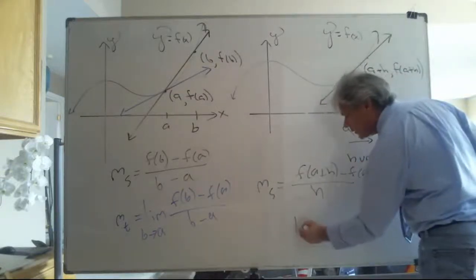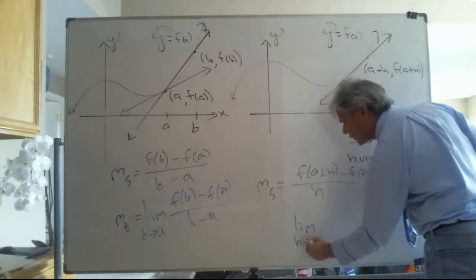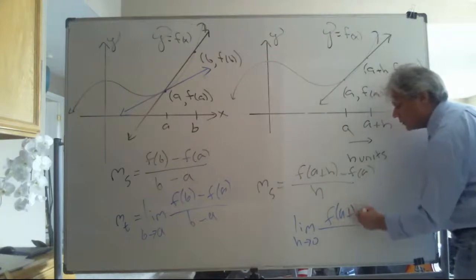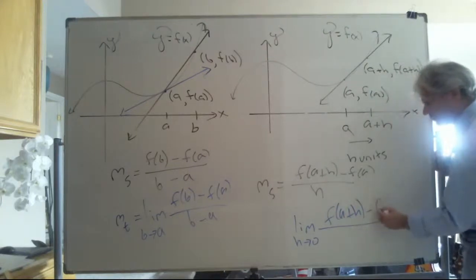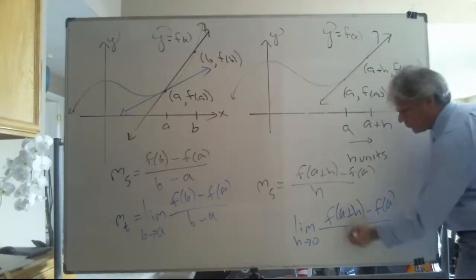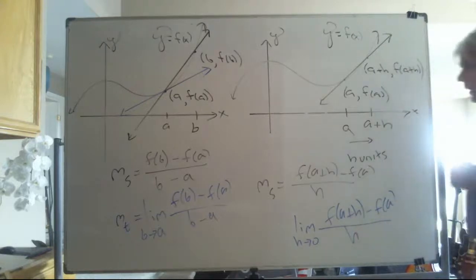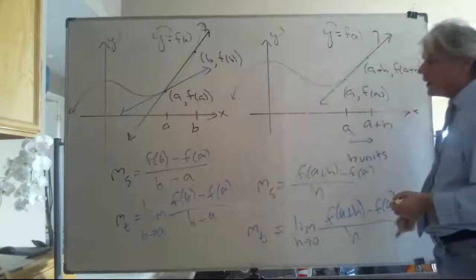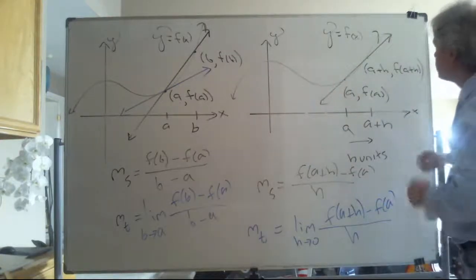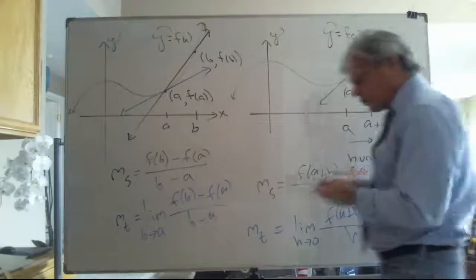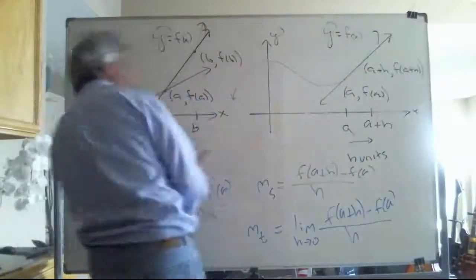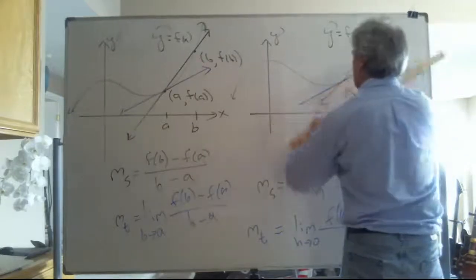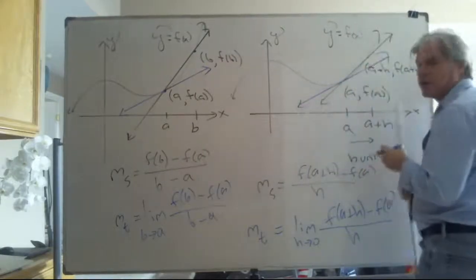So if I take the limit as h goes to 0 of this difference quotient, that too will give me the slope of the tangent line, at least at the value of x, which is a in both these cases. Oh, I didn't draw the picture, did I? There's my tangent line. There's how I can interpret this slope.